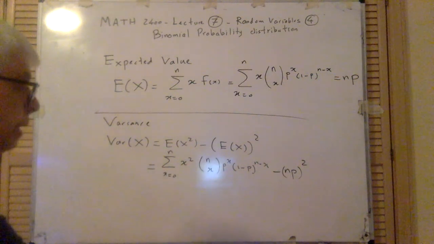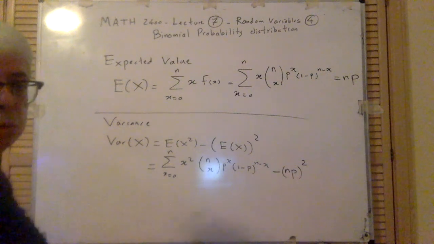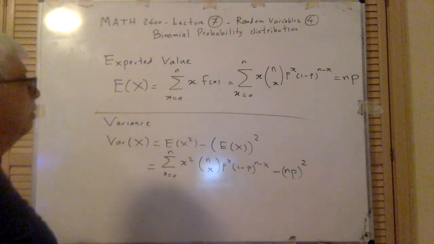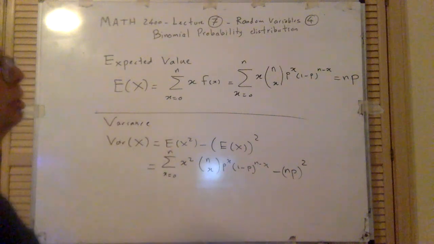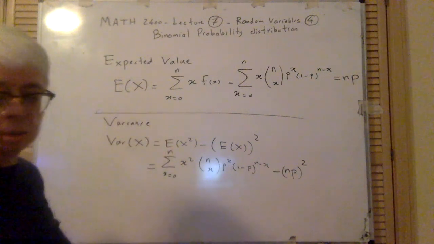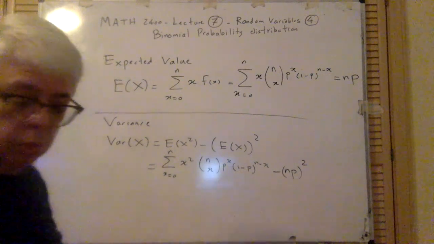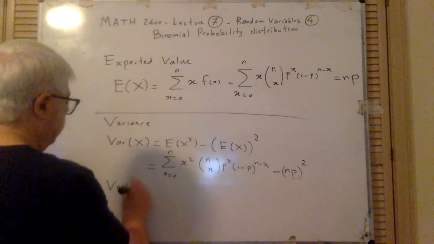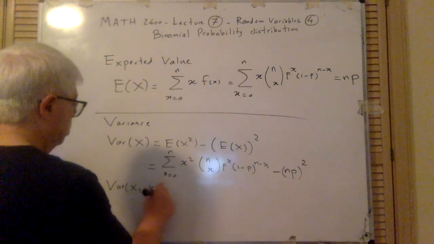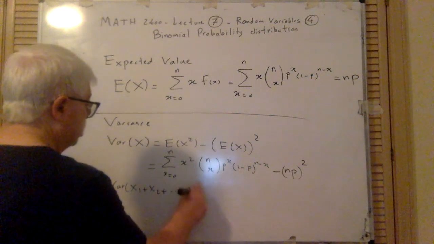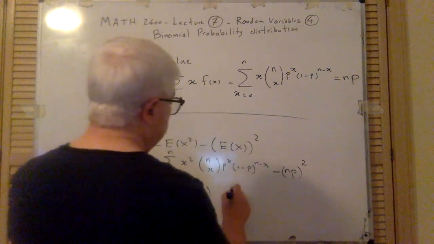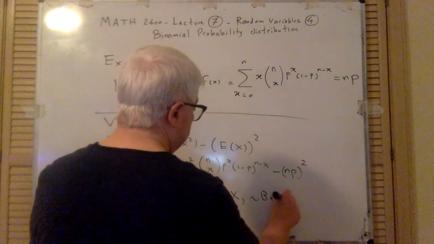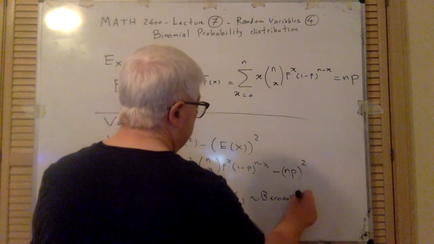Again, there are ways to find this sum, but why not use properties of variance and the fact that this x is a sum of some Bernoulli random variables? So instead of this, I can write it as variance of x1 plus x2 plus dot dot dot plus xn, and each xj is in fact Bernoulli p.